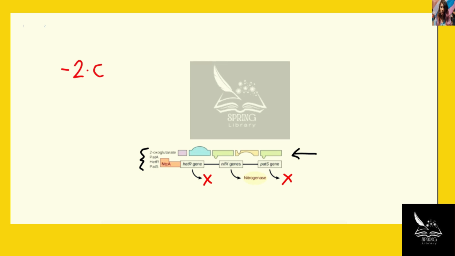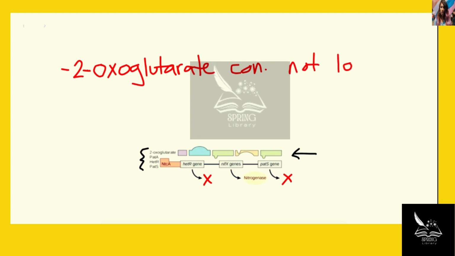So that tells us that the 2-oxoglutarate concentrations are not low. So that tells us that nitrogen must be limiting. Okay, they're increasing, which is based on the first statement.